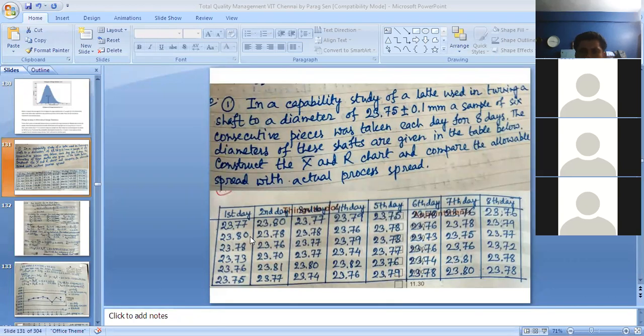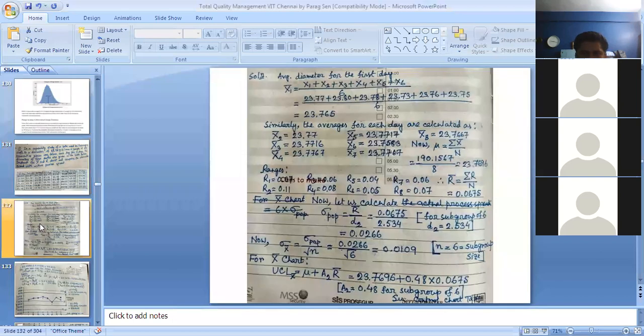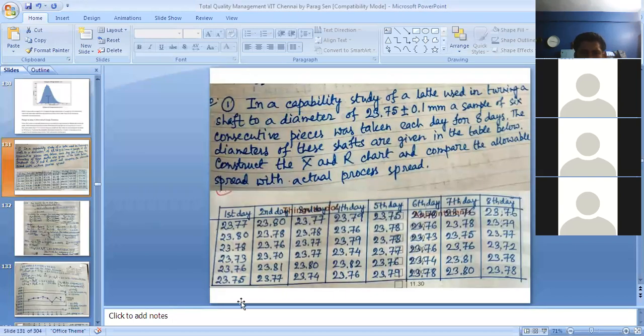Okay, so we will take a look at an example where, instead of one lathe machine, you will have 3 lathe machines. You will get a similar sort of data, but instead of these 6 subgroups, instead of small n equal to 6, which is your subgroup size, you will have only 2 subgroup size.